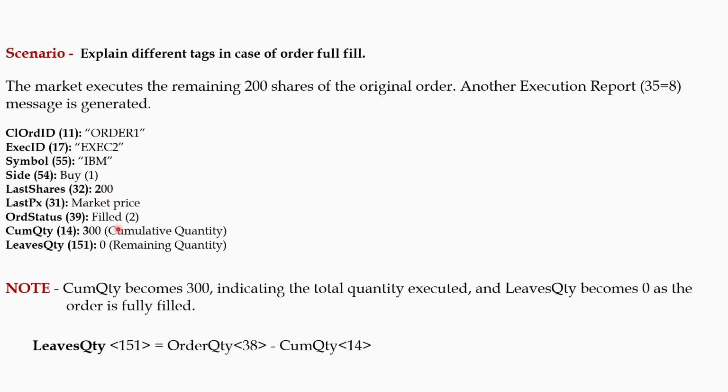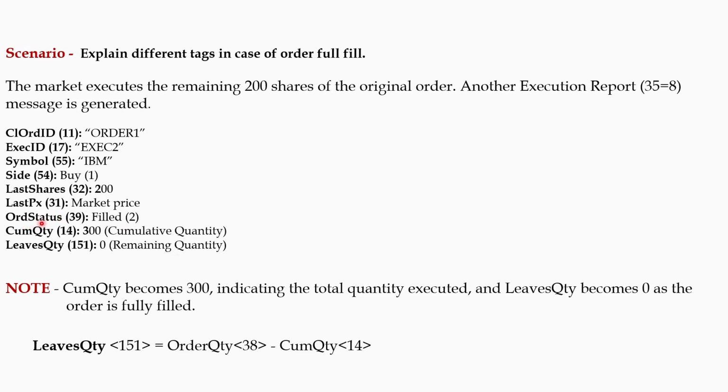Tag 32 is 200, that is the quantity of shares bought on this last fill. And order status is filled, that is 2. So cumulative quantity comes here as 300 because the order is fully filled, and leaves quantity remains 0.